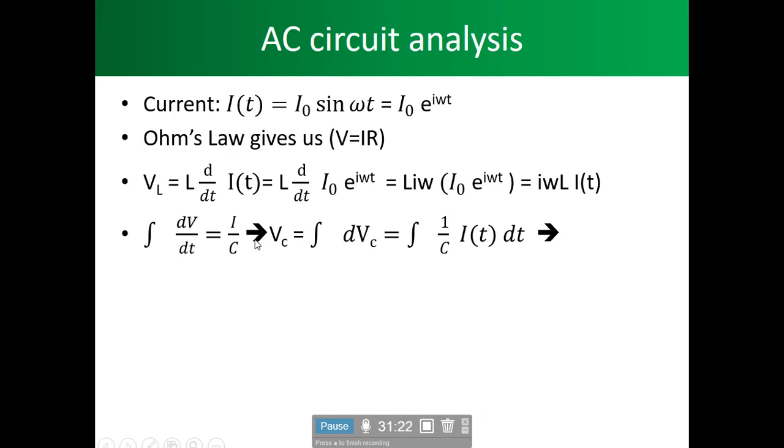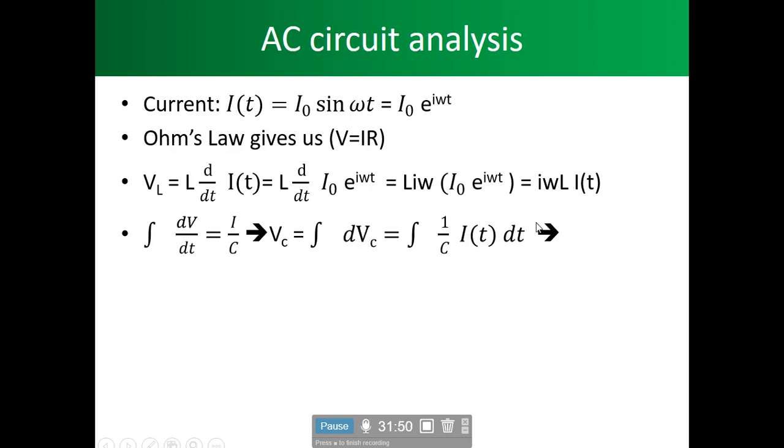So we're going to move some terms: we take this dt and put it on this side of the equation. We're going to integrate dV, so if we integrate dV, we just get V. Yes.